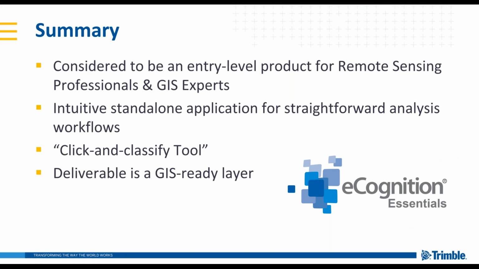It allows you to quickly leverage object-based image analysis tools without having to learn how to create rule sets and the intricacies of a very powerful software like eCognition Developer. It's a standalone application with straightforward workflows. You can also use it as a click and classify tool and very easily create these GIS-ready deliverables.